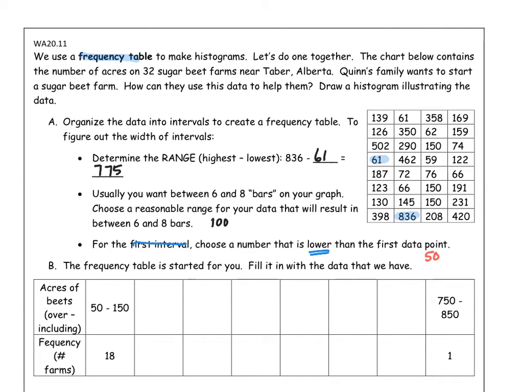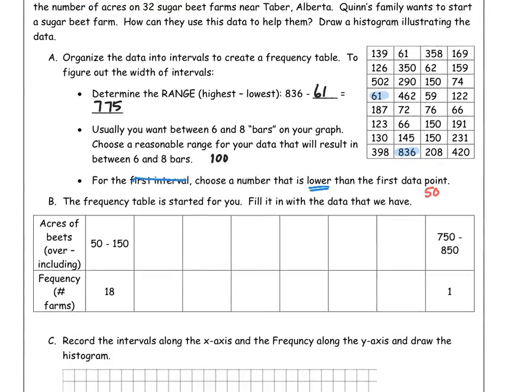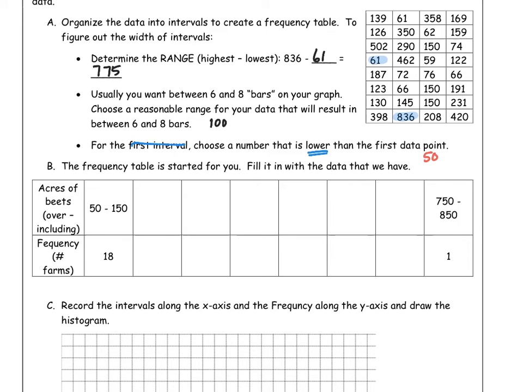So we're going to go from 50 to 150 and then go up by there. So we're going to fill in this chart. So then this would be 150 to 250, 250 to 350, 350 to 450, 450 to 550, 550 to 650, and 650 to 750.